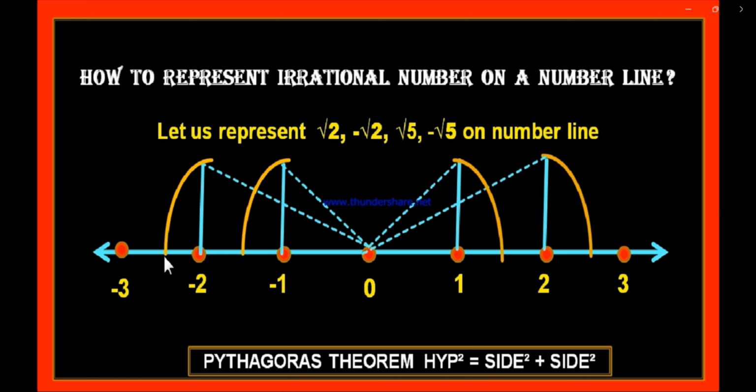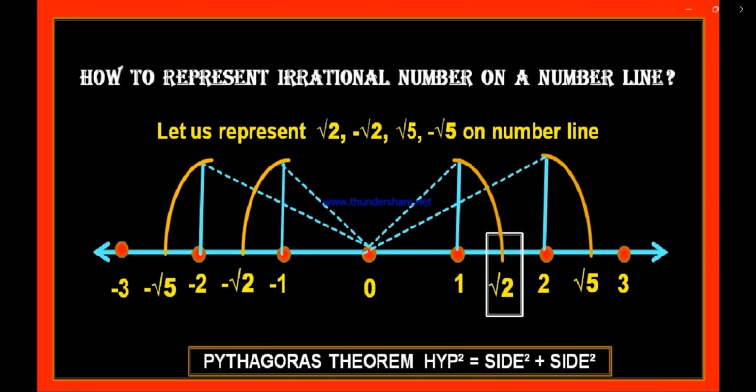And this is minus root 5. Clear? Is it clear now? This is plus root 2 and this value is minus root 2. Later, this point is plus root 5. And on the other side, this point is minus root 5.